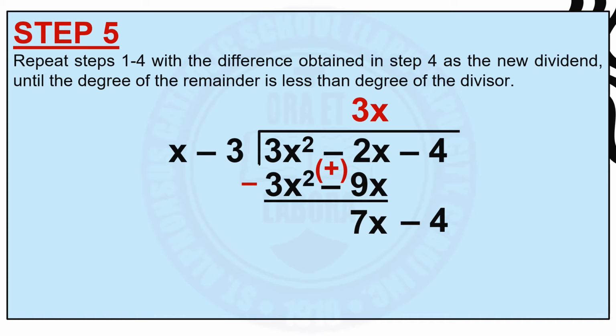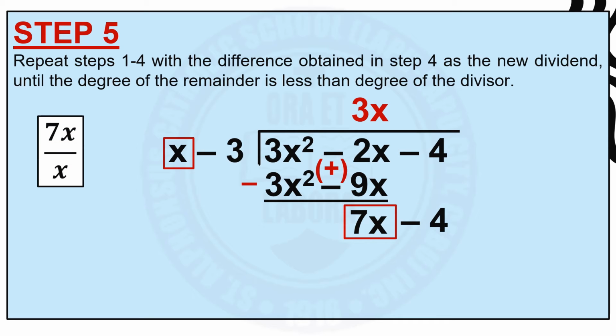Step 5. Repeat steps 1 to 4 with the difference obtained in step 4 as a new dividend until the degree of the remainder is less than the degree of the divisor. So we will take the first term, 7x divided by x. Again apply the quotient law of exponent.